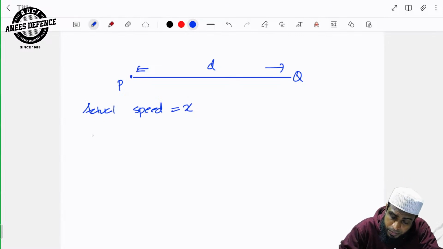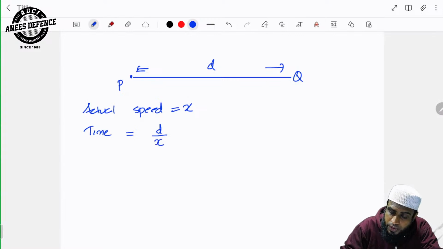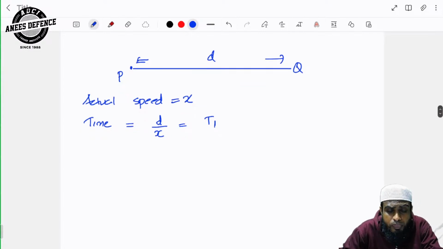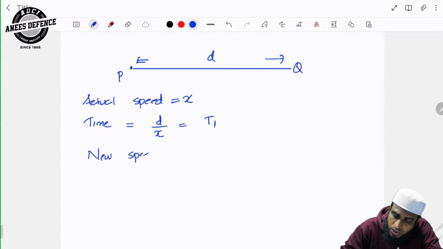So time taken is distance divided by speed. So this is time t1. If he moves with a speed of 4 by 5th of his actual speed, new speed is 4 by 5th of the actual speed, means x.